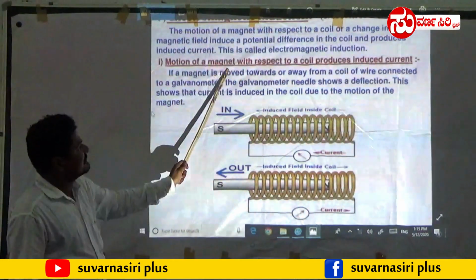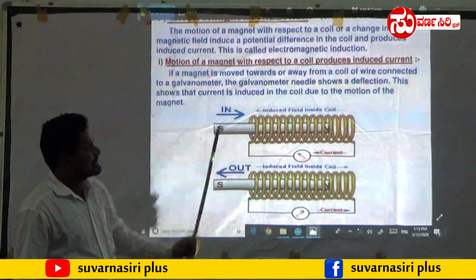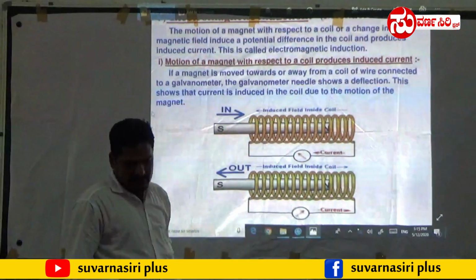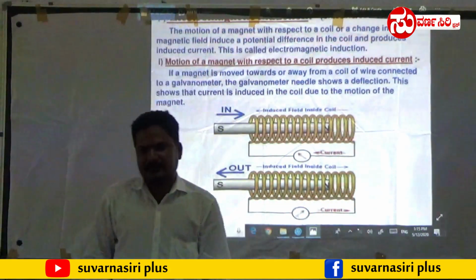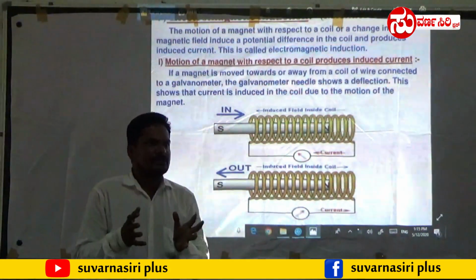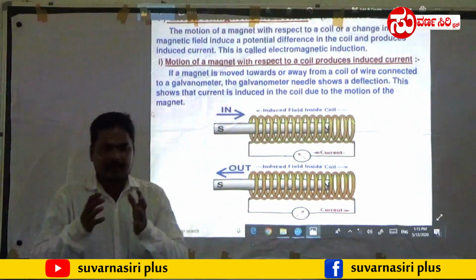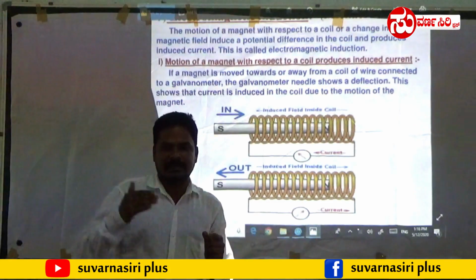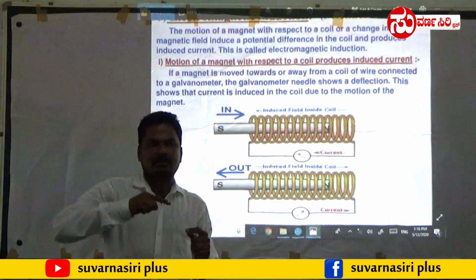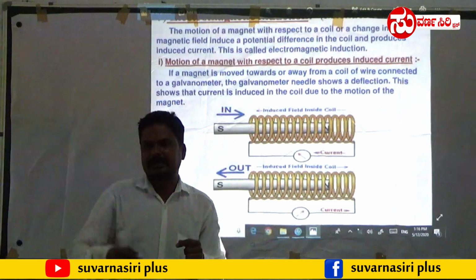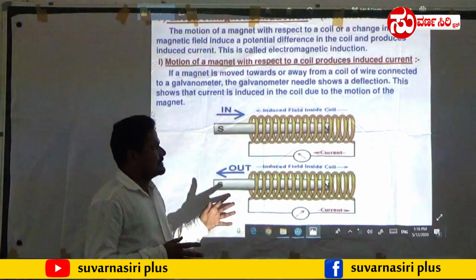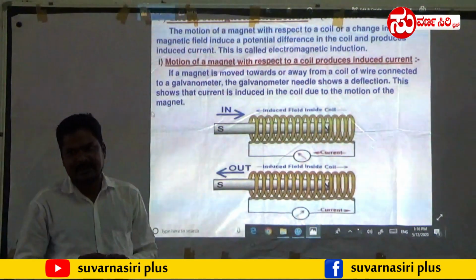This is one of the experiments. We know that when electric current passes, a magnetic field is produced around it. That was Oersted's experiment. Another experiment is Faraday's experiment.